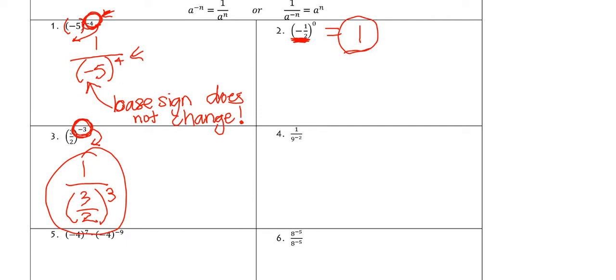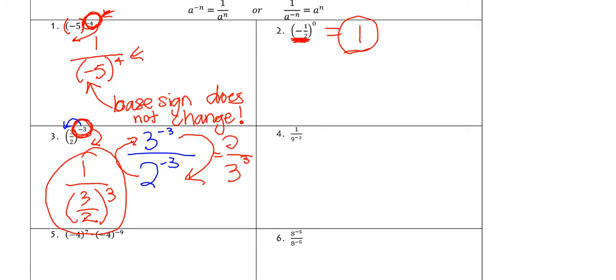is take 3 to the negative 3rd power. So I'm taking this negative 3 and distributing it. And then 2 to the negative 3rd power. Okay? And now what's going to happen is we're going to take this 3 raised to the negative 3 power, and it's going to go on the denominator. So 3 raised to a positive 3. This base 2 is going to go on the numerator, and the 3 as its exponent will become positive.